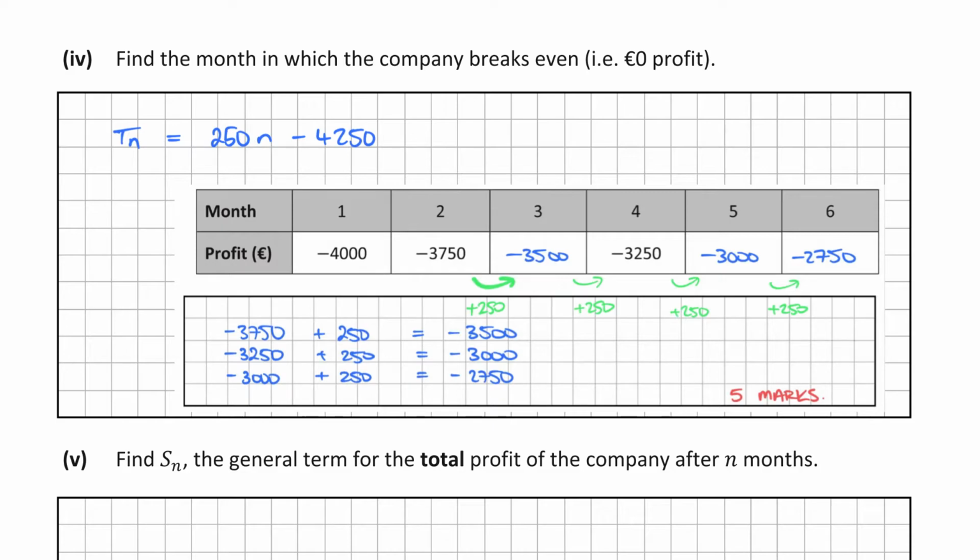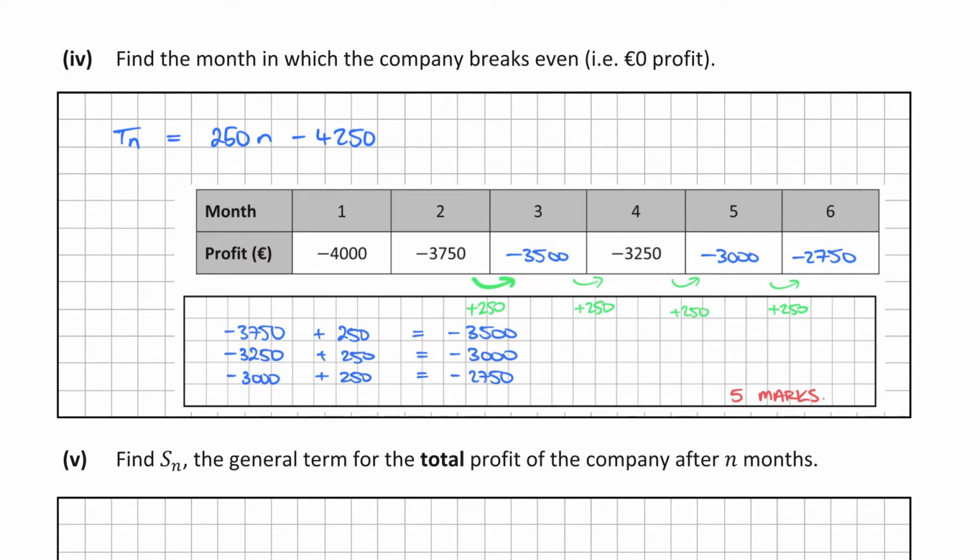So when the company first started off, they owed €4,000 and every month they made 250. We could see that earlier in the question, and we formed T of n based on this information.